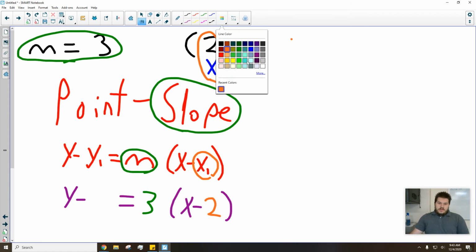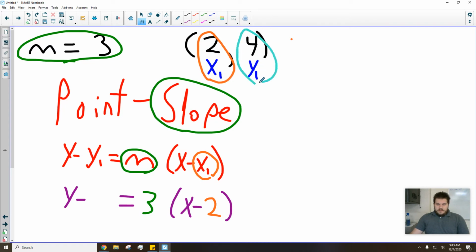Now, let's grab this color. Last thing I have is y1, this blank here. y1 is 4, so this blank here should be a 4. And so what I end up with is this little equation here that says y minus 4 equals 3 times x minus 2. And I'm done.